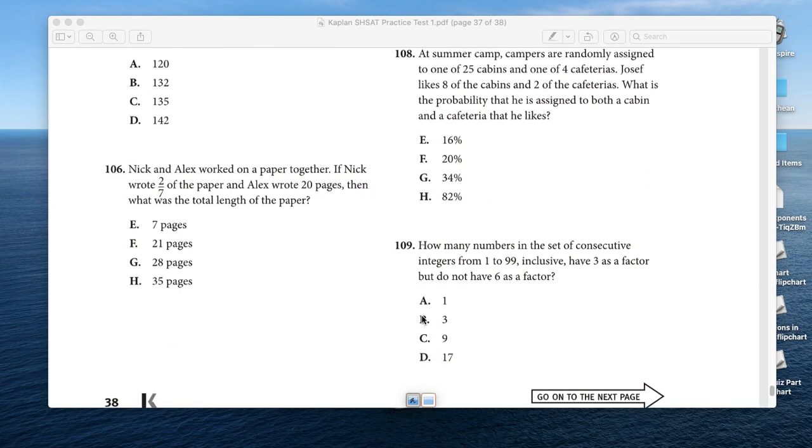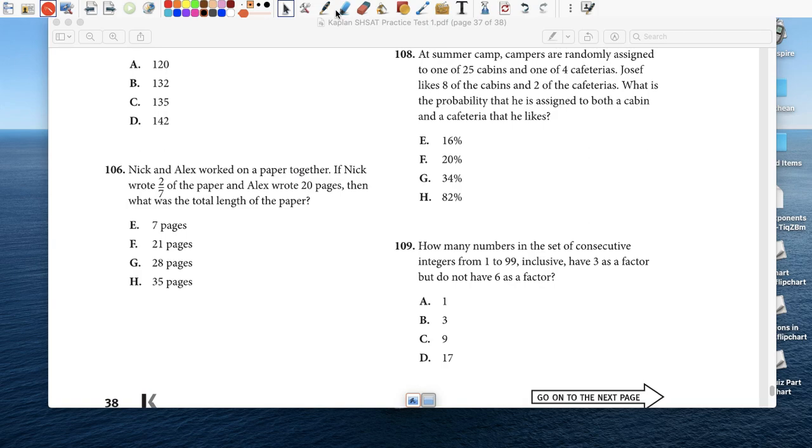106 is the one I circled. Nick and Alex work on a paper together. Nick wrote 2/7 of the paper, and Alex wrote 20 pages. Then what was the total length of the paper? So here's Nick. He wrote 2/7 of the paper. Here's Alex.